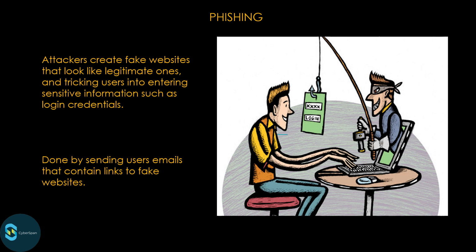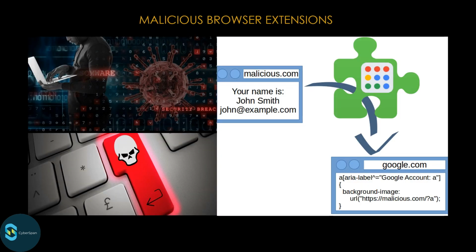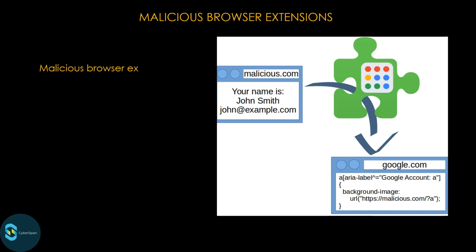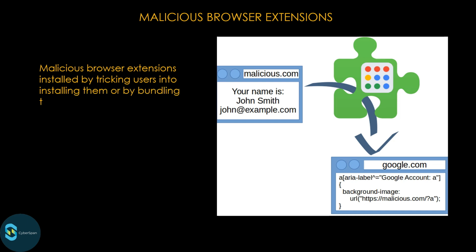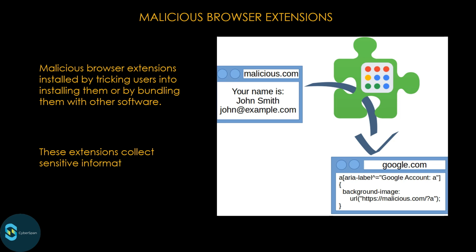Another form of attack is malicious browser extensions. Malicious browser extensions can be installed through various means. These include tricking you into installing them or bundling them up with other software. Once you install them, they can collect sensitive information, inject malicious code into websites, or even take over your browser.